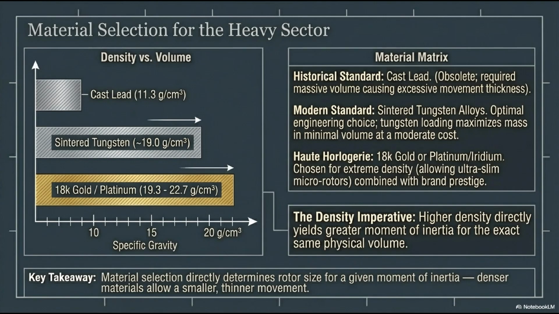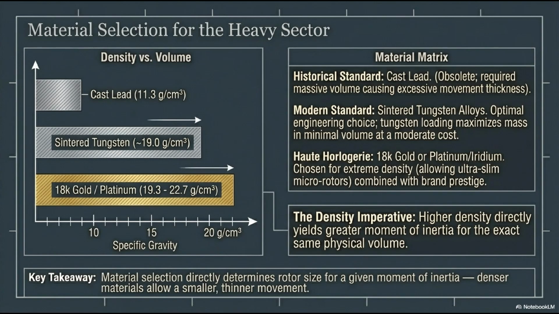Finally, in the realm of horology, we see 18-karat gold or platinum and iridium alloys, pushing past 21 grams per cubic centimeter. While prestigious, this isn't just for show. The extreme density of platinum is an absolute engineering requirement when designing ultra-slim watches or micro-rotors, where physical space is virtually non-existent. The density imperative is simple: higher density directly yields a greater moment of inertia for the exact same physical volume.